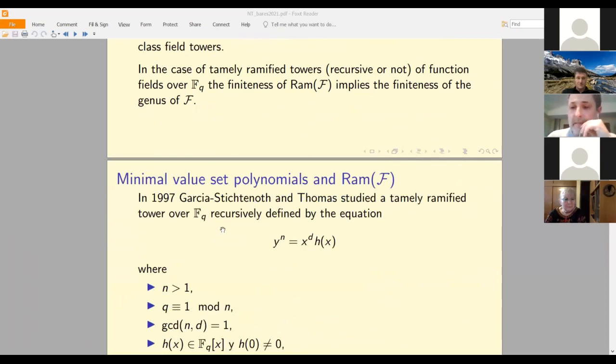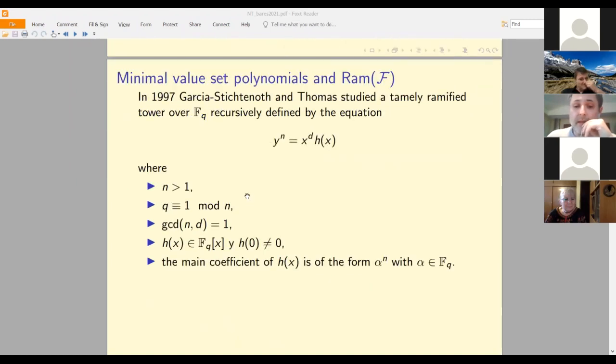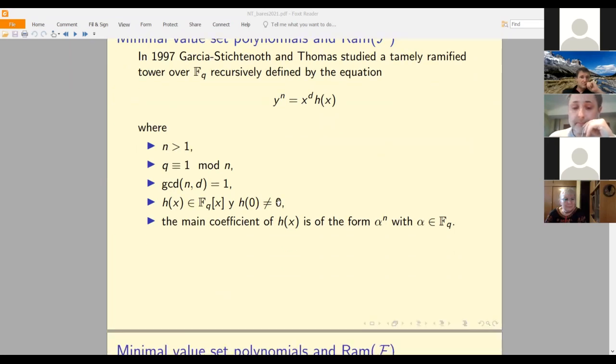And a special kind of recursive tower was studied by Garcia-Stichtenoth in 1997, and is given by this equation, which is a Kummer equation. So each step of the tower is a Kummer extension of degree n with this condition. All these conditions were asked by Garcia-Stichtenoth in order to have good control of the tower and the ramification.